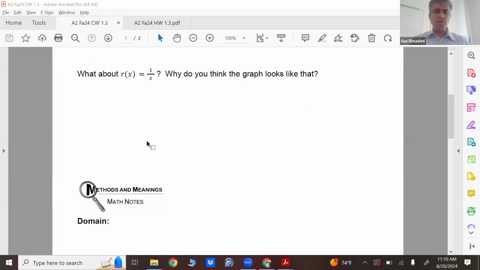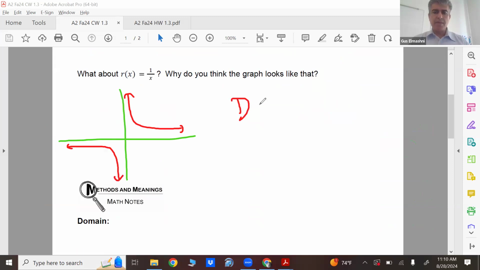I'm gonna kind of just show you the graph in the interest of time. I'm not gonna put it in Desmos. So, domain range. Actually, I need more space.